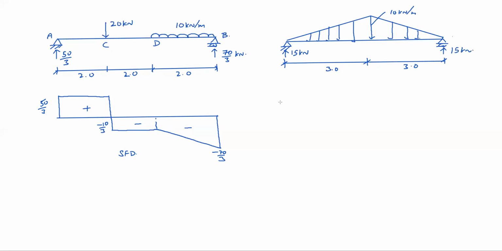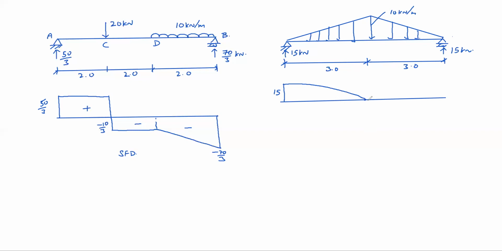Now, how to draw the shear force diagram? SFD. See, upward 15, no doubt here. Then how would it be? I mean, at the center, no doubt 0. So the variation must be gradually, it increases like this because the intensity of loading is increasing.